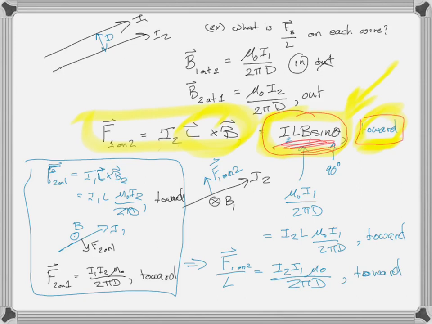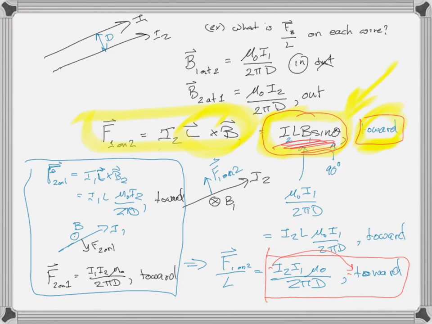So positive numbers. Now that we figured out, and this is always the case, that for the two currents, this is the magnitude and that's the direction, if we reverse the direction of a current, it's like putting a minus sign in here, and then we can carry that minus sign over here, and minus towards is going to be away.